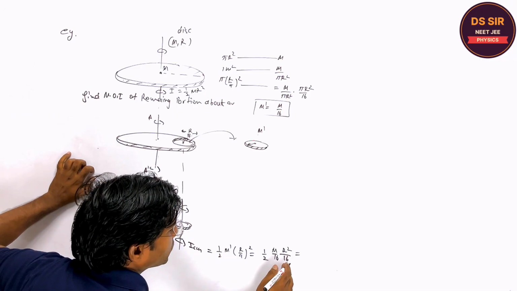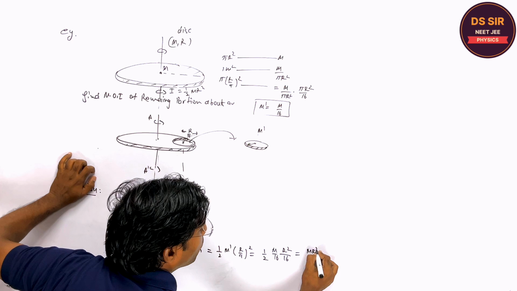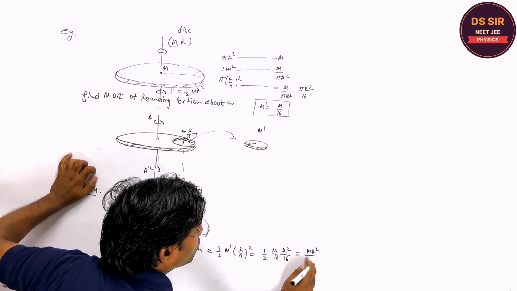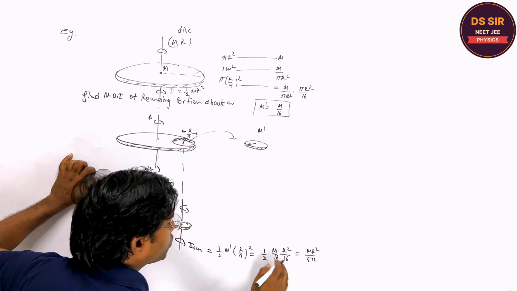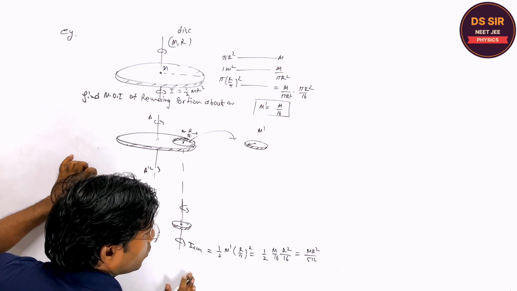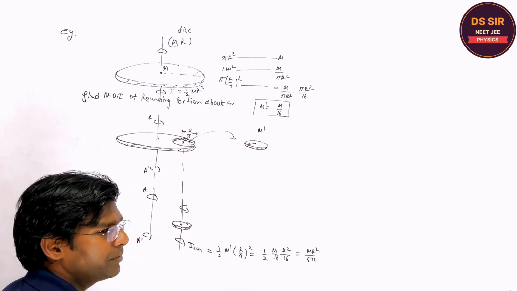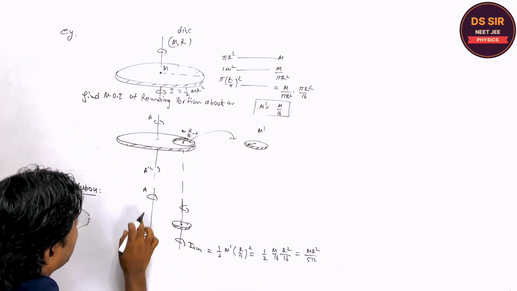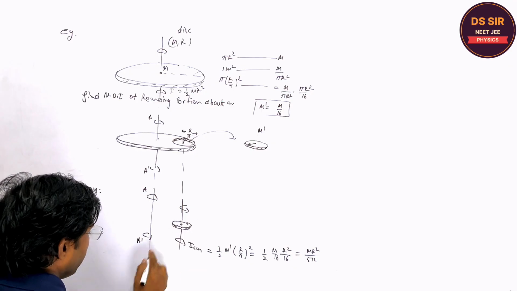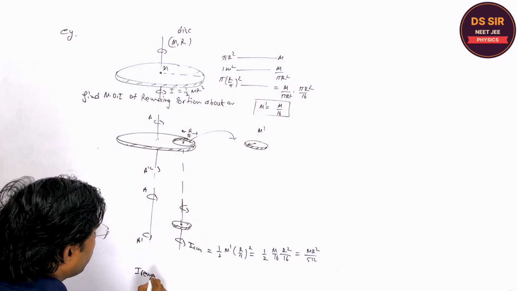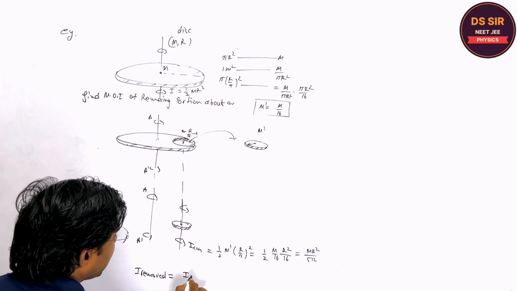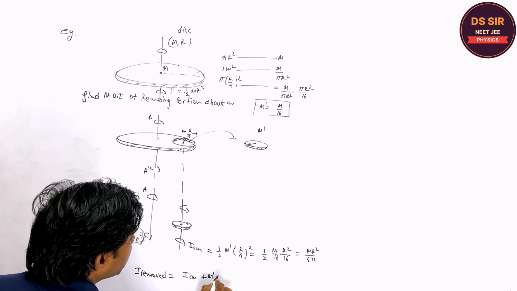So this is 512, right? 256 into 2 is 512. So this is the ICM, but we have to find I about AA dash. So the moment of inertia of removed portion is what? Say ICM plus m dash into d square.